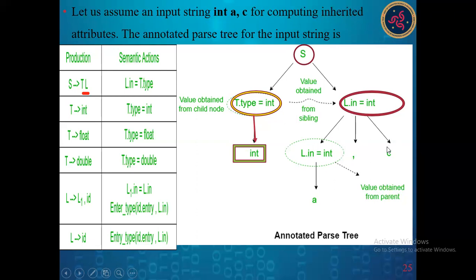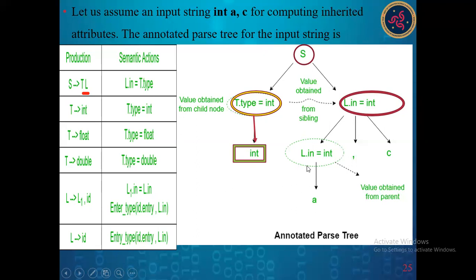For ID, I am directly taking the identifier from the input string. That is why I am directly taking C here. Again I am using this production, that is L gives L1 comma ID. L1 is simply the L itself. Just to differentiate whether it is the left-hand side L or the right-hand side L, I give an L1. So actually it is the same L.